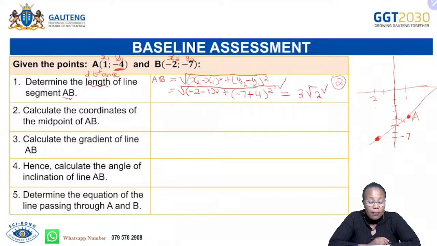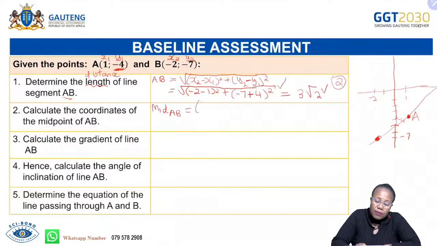And then question number 2, calculate the coordinate of the midpoint of AB. So we are looking at midpoint of AB. Remember, the midpoint formula says x2 plus x1 over 2, coordinating with y2 plus y1 over 2.